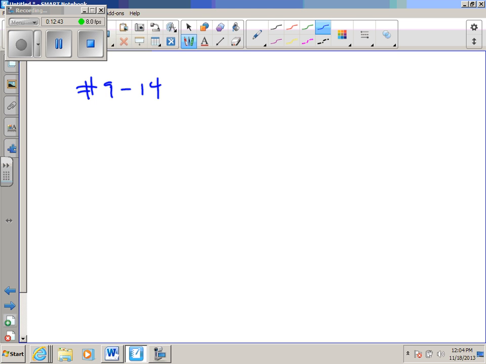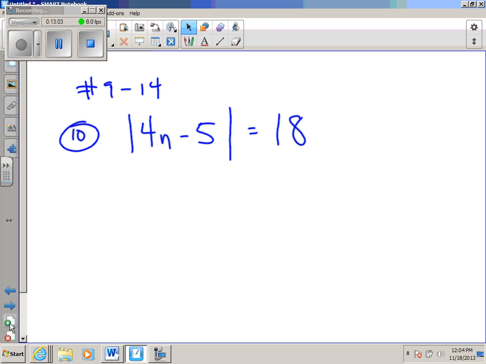Let's look at number 10. Absolute value of 4n minus 5 is equal to 18. Okay. Now, I'll show you that this can happen just so that if you come across it in your assignment, you're not going to totally weird out about it.